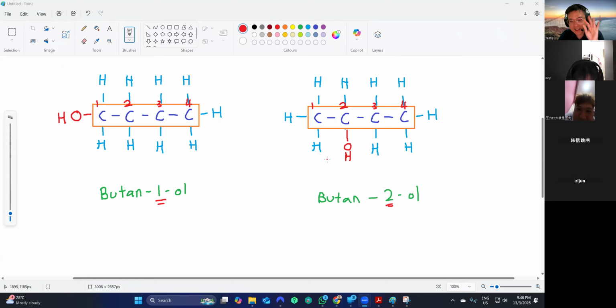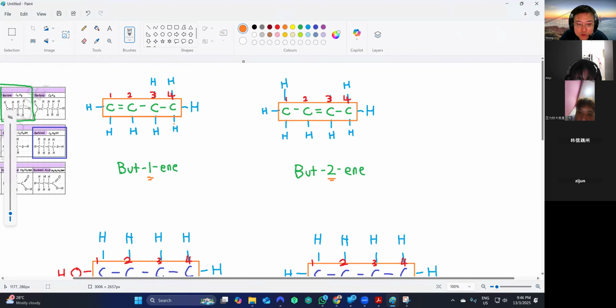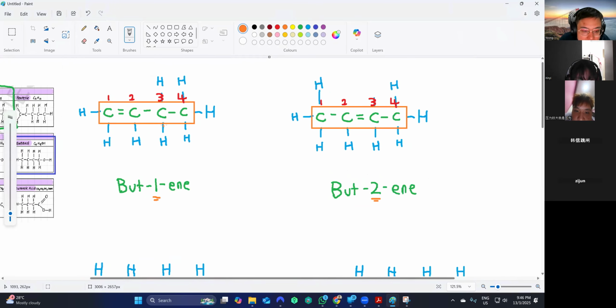Okay, and one more thing, just to remind everyone. The way that we draw this hydrogen, which is the next level, all this hydrogen, we must make sure we don't simply draw. We must make sure that every single carbon has 4 friends. Why? Because it has 4 valence electrons in its outside layer. So it needs to share with 4 other atoms. So here you see this carbon is sharing with 1, 2, 3, 4.